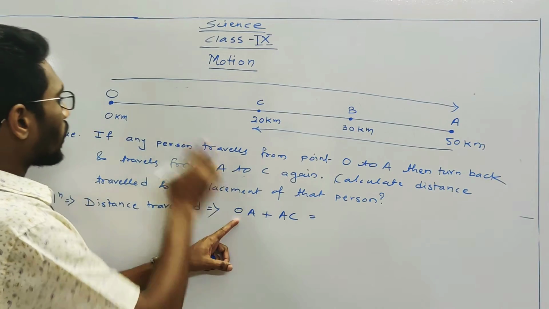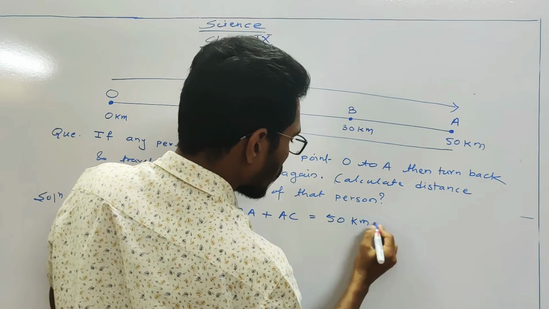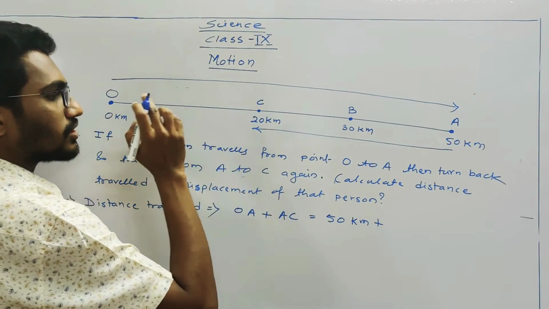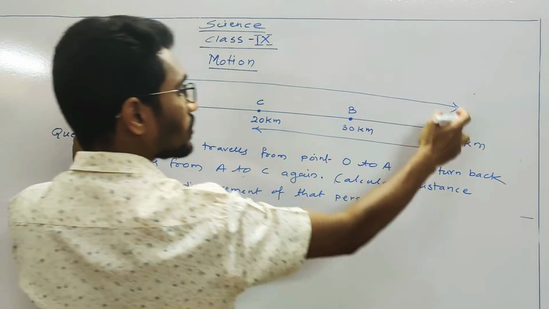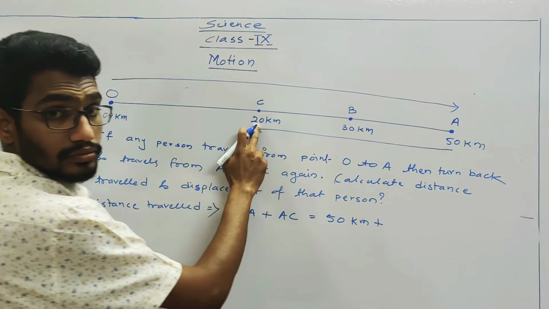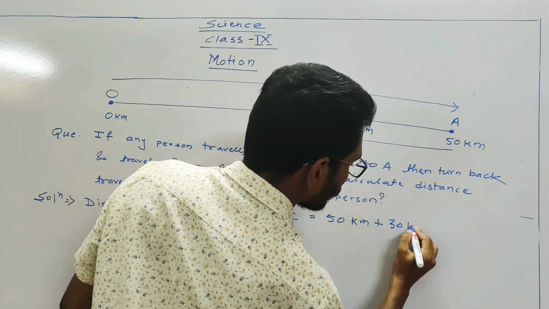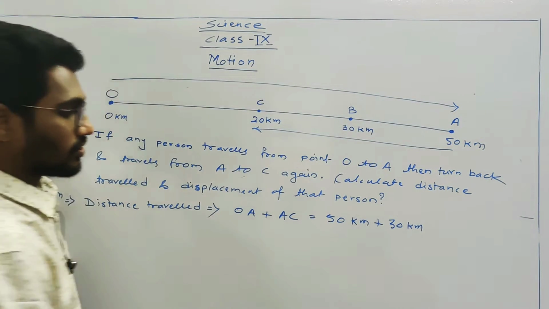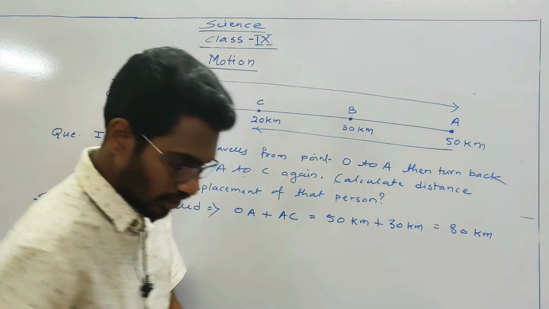OA, 0 to 50, that is 50 kilometer, plus AC, O से C कितना दूर है 20, O से A कितना दूर है 50, so 50 minus 20, 20 से 50 कितना दूर होगा, it is 30 kilometers away. So what will be the distance traveled? 80 किलोमीटर.